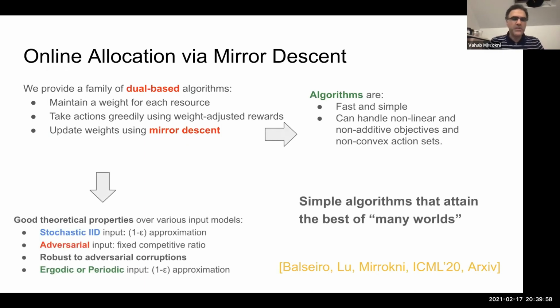And more interestingly, they can provably satisfy good theoretical properties for a class of different models: the stochastic model, the fully adversarial model, the adversarial corruption model, and ergodic and periodic models. The interesting thing is that the algorithm does not use any forecast. It's a simple dual-based algorithm that updates the dual after each allocation, and basically it achieves the best of many worlds.